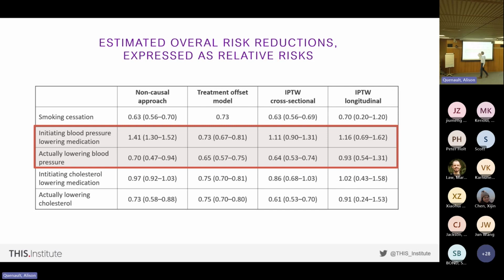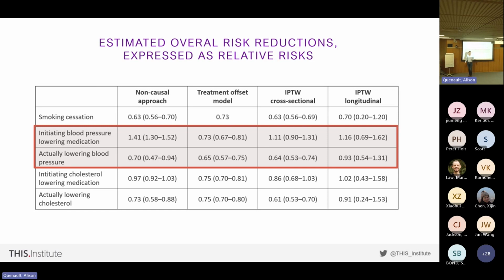So if we take the RCT data here as our gold standard, then you can clearly see that only looking at the initiation of blood pressure medication is never going to give you the right answer via any of the other approaches.